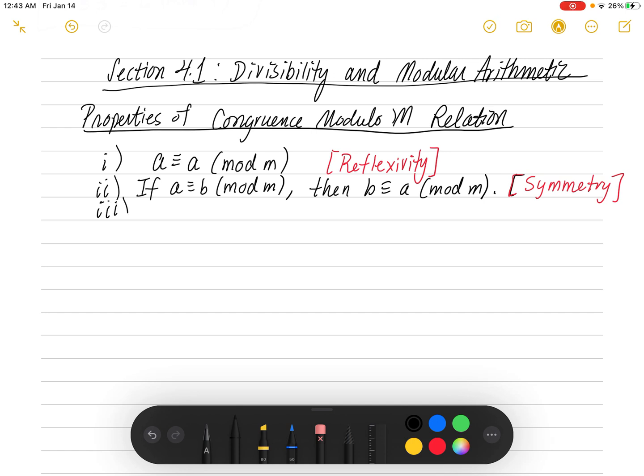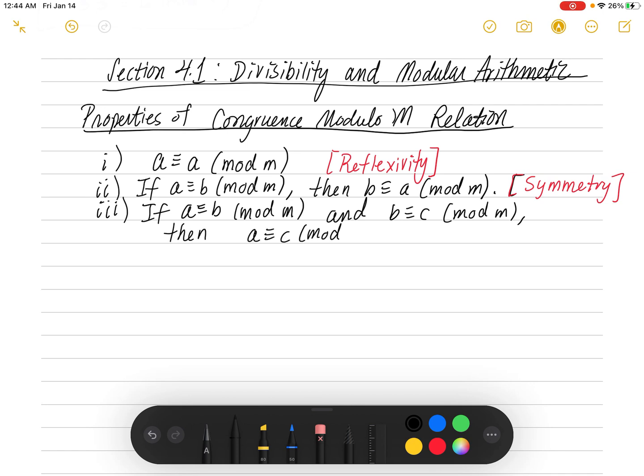Number three, if an integer a is congruent to an integer b mod m, and b is congruent to an integer c mod m, then the conclusion here is that a is congruent to c mod m.